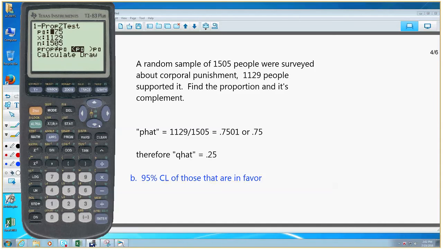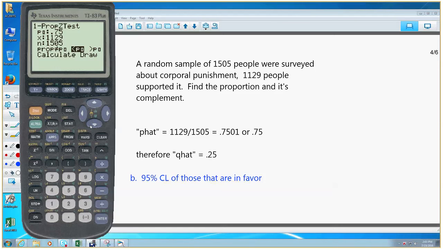You sure you know how to do that? Okay, if you hit stats, then go over to tests, and down to 5. Okay, wait. Stop, hit next. Well, it should be asking for the confidence level.